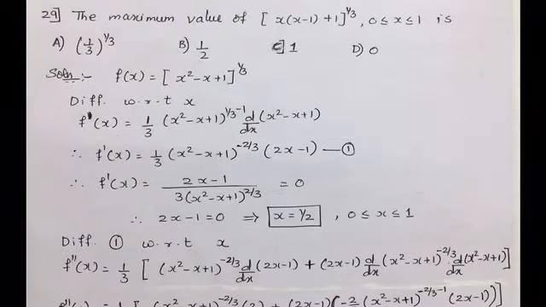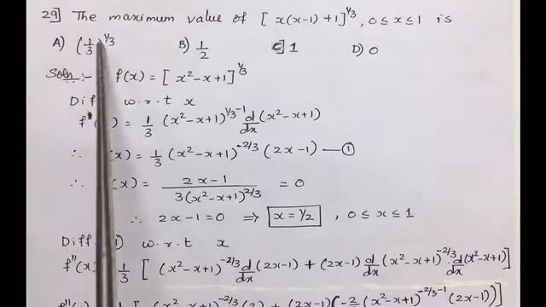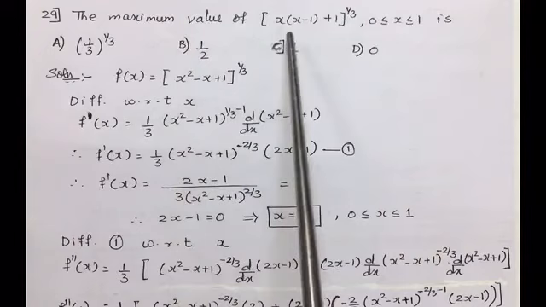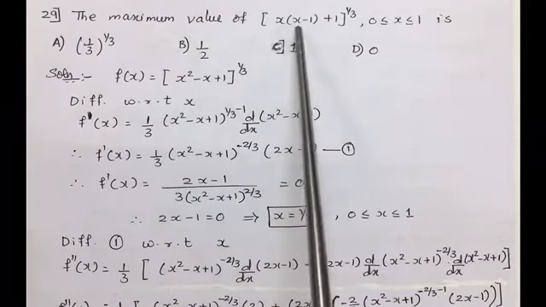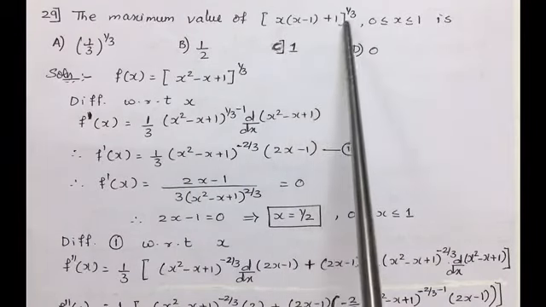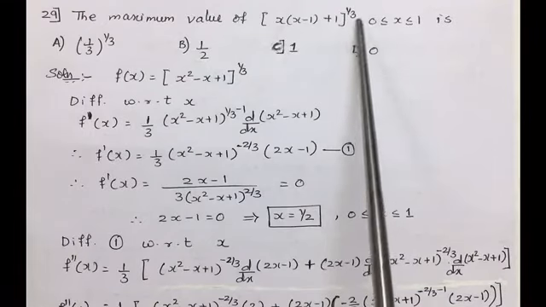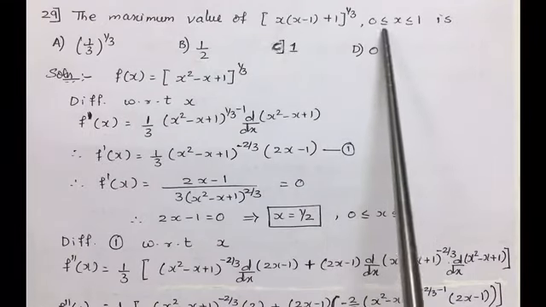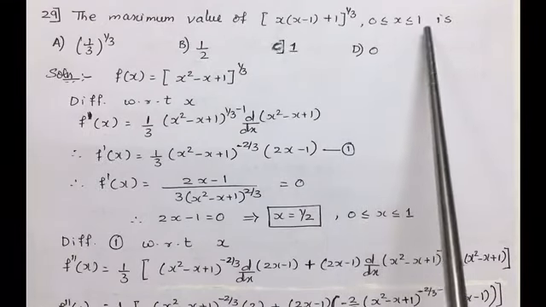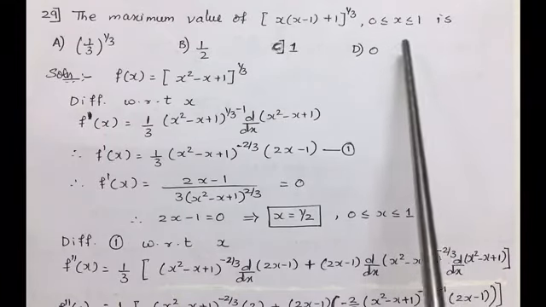29th question is the maximum value of (x into (x minus 1) plus 1) raised to the power 1 by 3, 0 less than or equal to x less than or equal to 1 is.